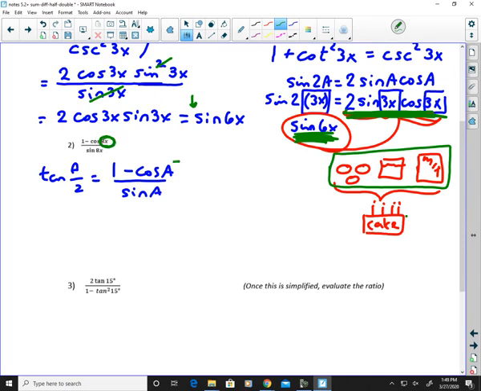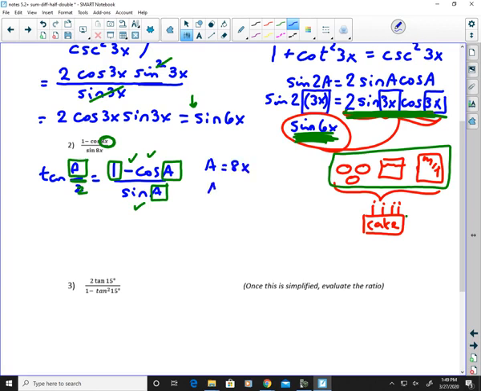What all these ingredients put together in this manner, in this format, all these ingredients will put it into a tangent cake. So I'm going to take my a is 8x.